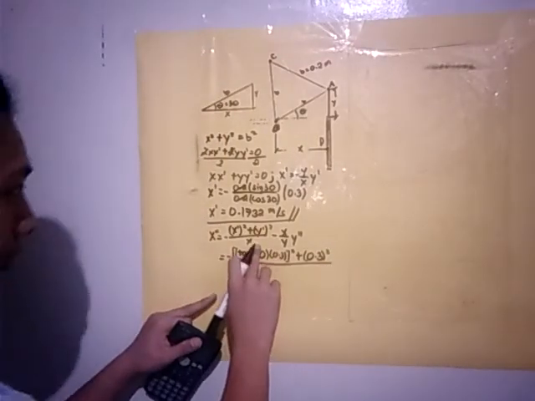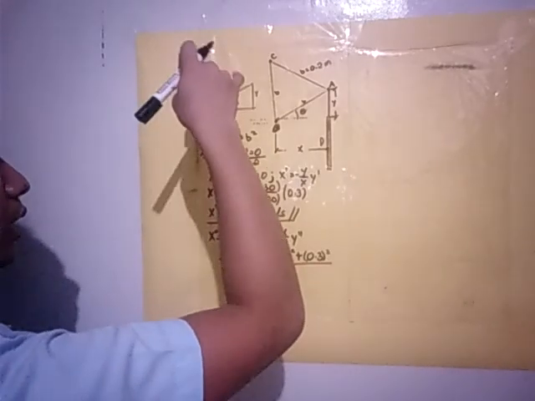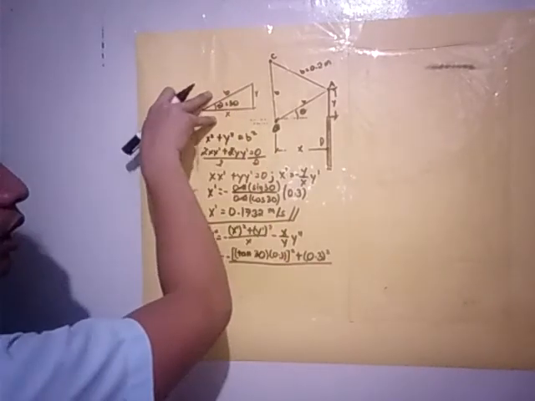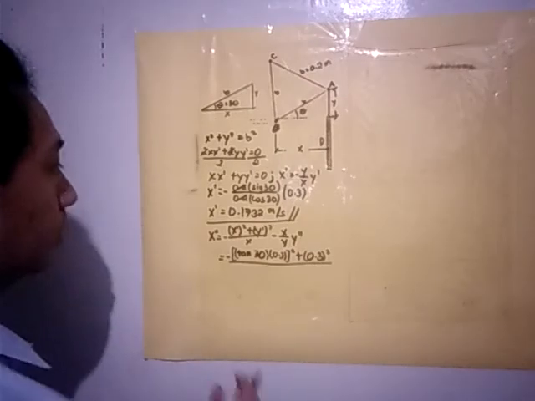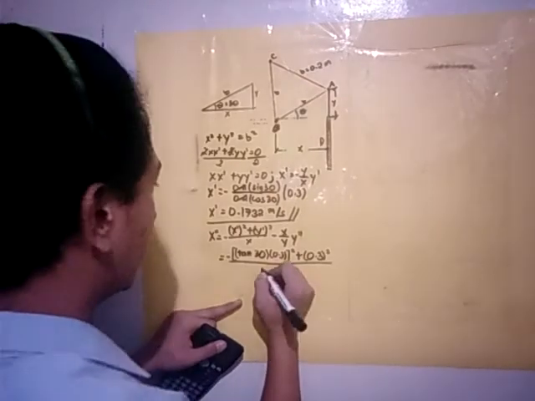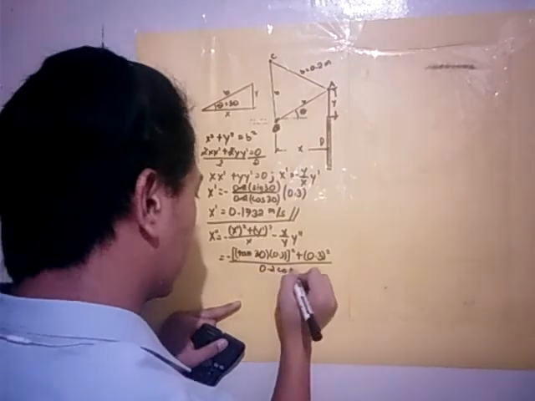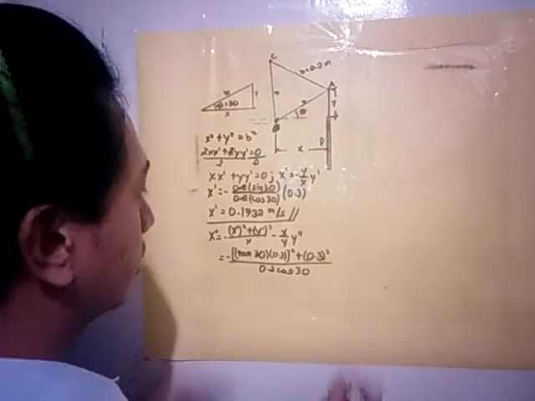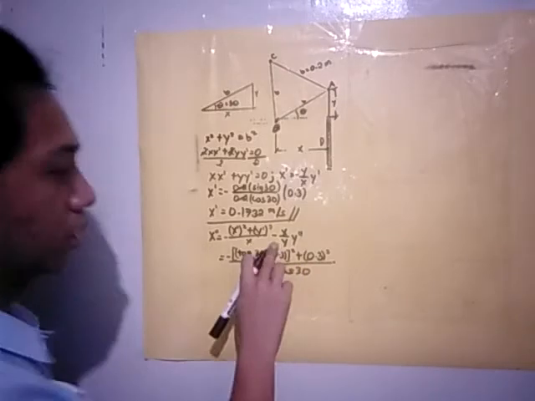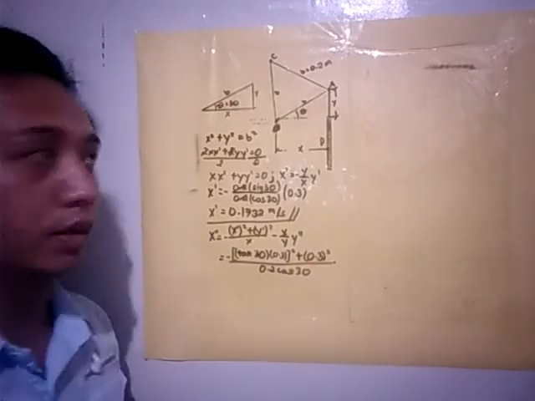Our x will be makukuha natin dito sa triangle na to. So our value of x is b cosine 30, or 0.2 cosine 30. So minus this one. Our y prime is equal to 0. Why?